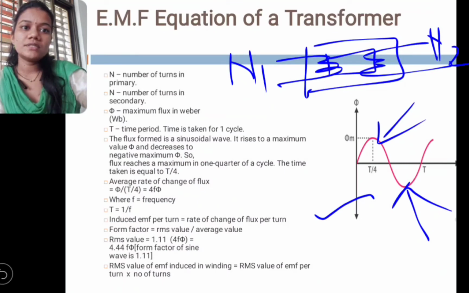Flux reaches maximum in 1/4 of a cycle, taking time T divided by 4. So the average rate of change of flux is phi divided by T by 4.